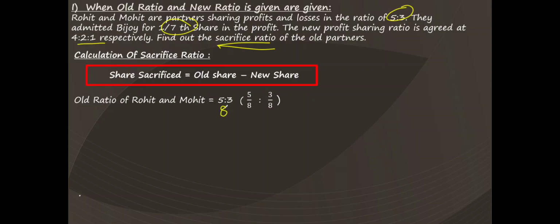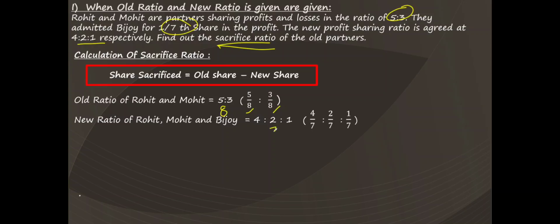The ratio can be written as 5/8 and 3/8. That is the old ratio of Rohit and Mohit. Next, they have given us the new ratio of Rohit, Mohit and Bijoy, that is 4:2:1. When we total, we get 7, which will be the denominator. So here it is 4/7, 2/7 and 1/7.